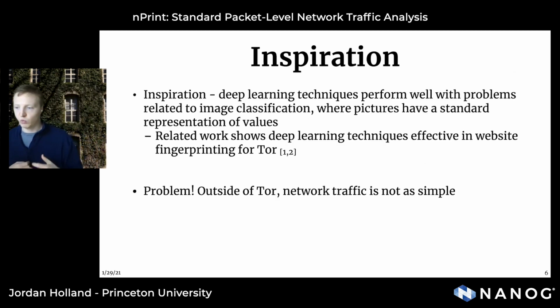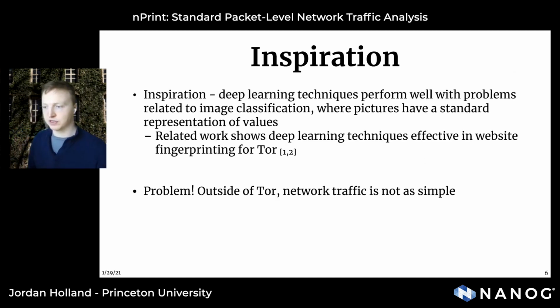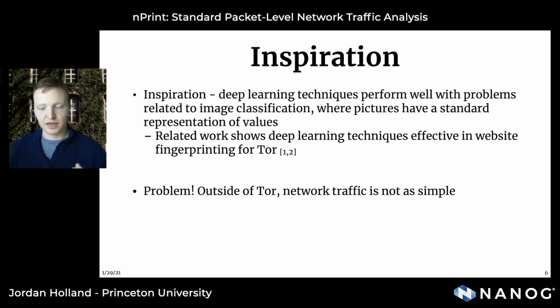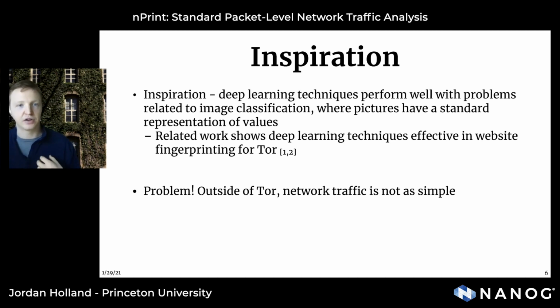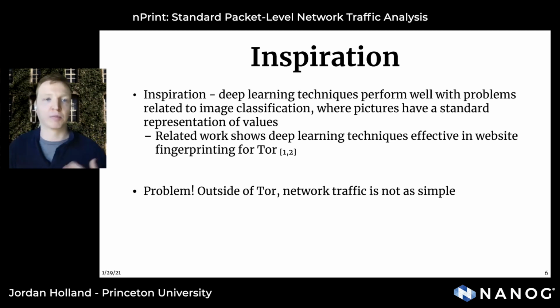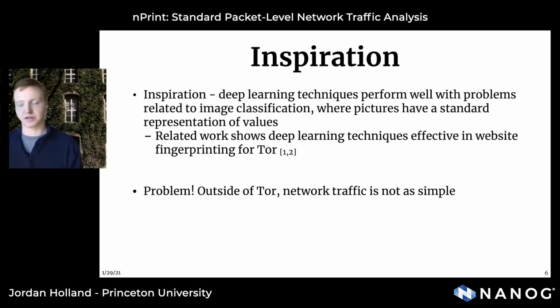So our goal is to remove this process entirely. We're going to take some inspiration. Our inspiration is that deep learning techniques have been popularized beyond belief for a plethora of problems, but they tend to perform really well on problems related to image classification.